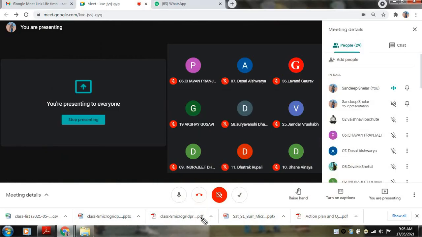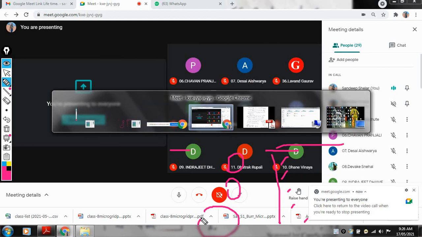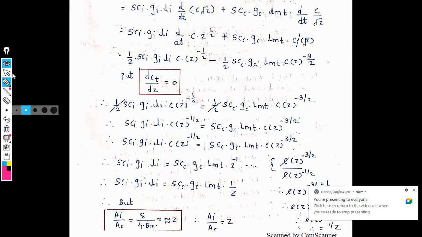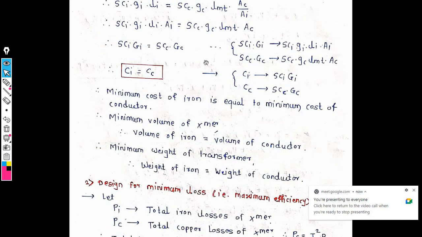Also in this equation we need to find out the optimum design. Optimum design of the transformer is very important. Then in this equation AI upon AC is equal to Z.